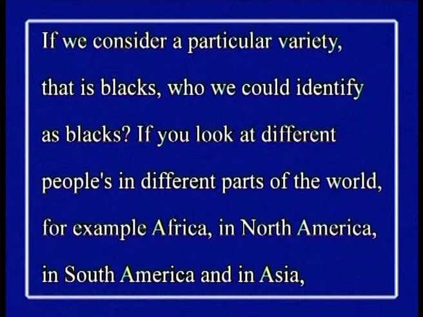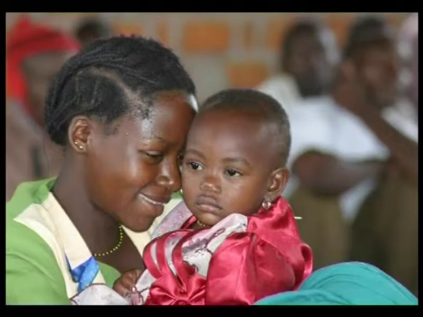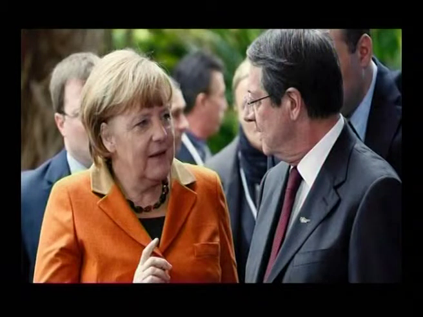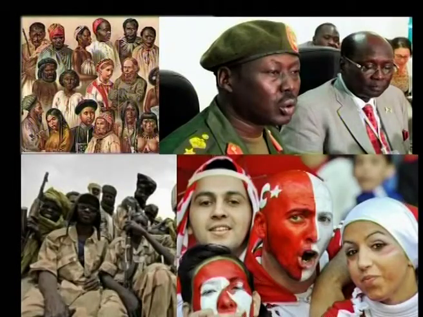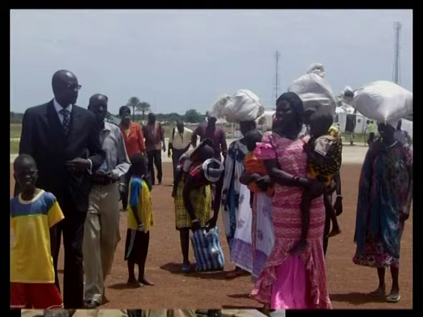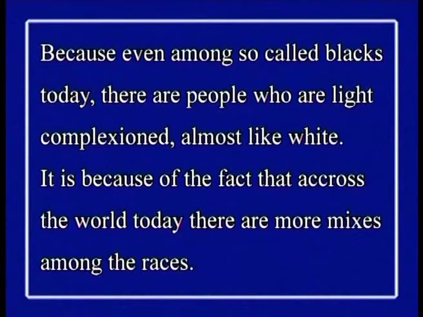If you look at different people in different parts of the world, for example, in Africa, in North America, in South America, and in Asia, it would become very difficult to identify any one particular person as black. Because even among the so-called blacks today, there are people who are light complexioned, almost like white.